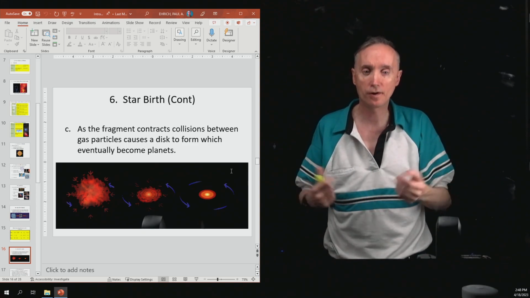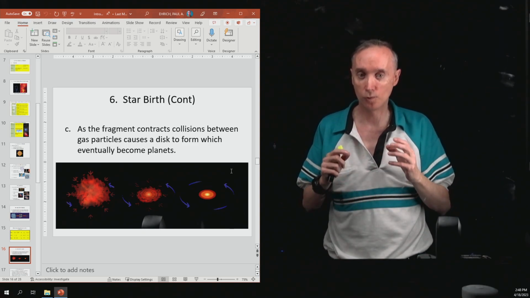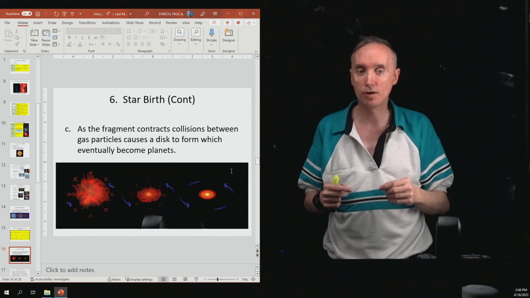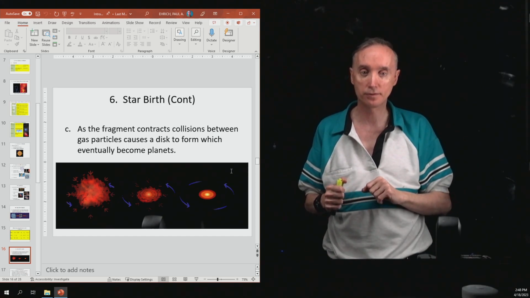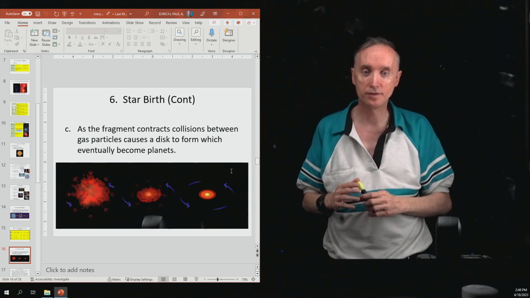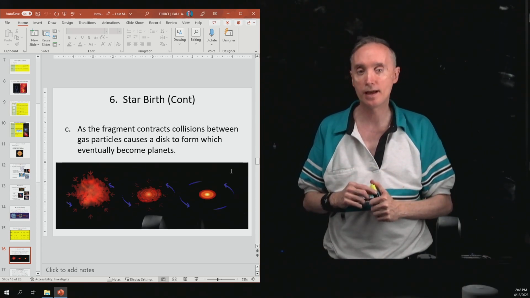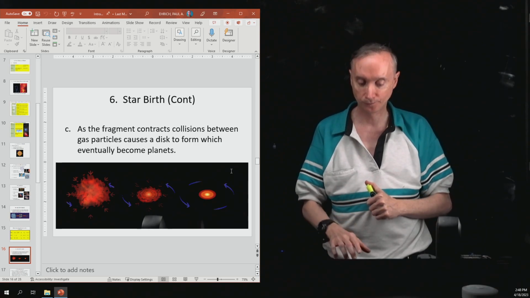Well, we don't really care about the disk. What we care about is what's going on in the middle of the disk. That's what's going to become the star. So we don't really care about the disk so much, but that's where the planets are going to come in.